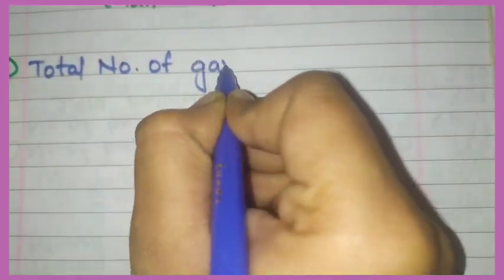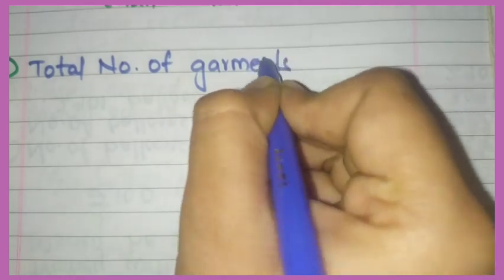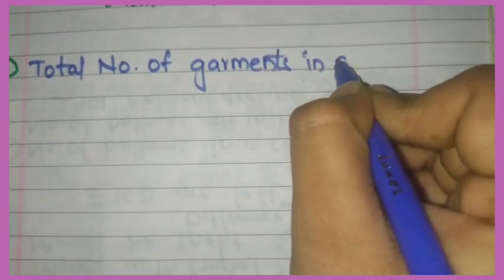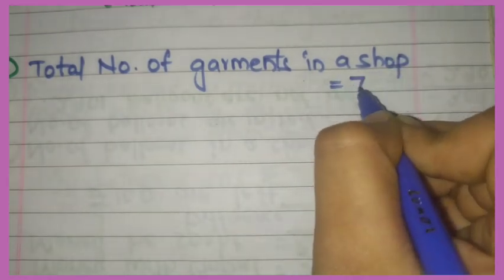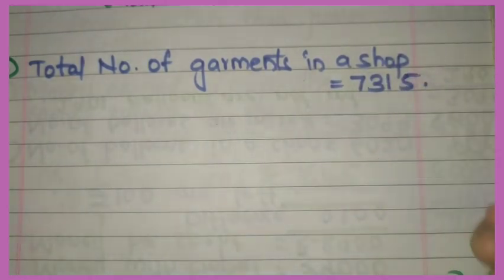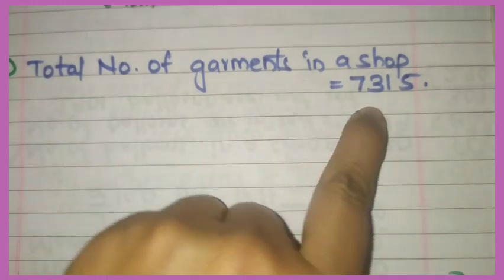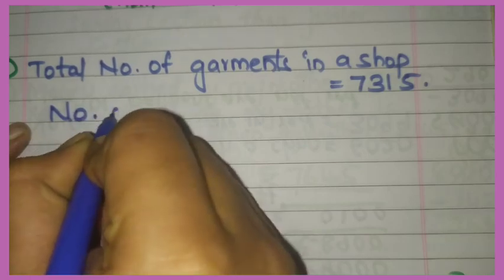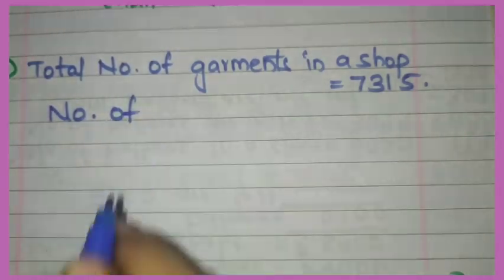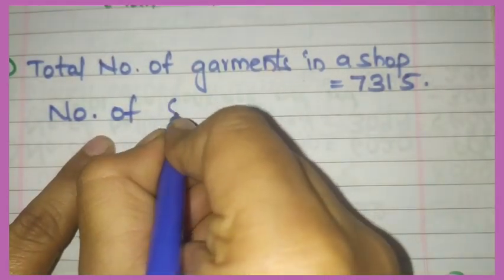First, B answer, total number of garments in a shop. How many are there? 7315. Okay, from these 7315, some skirts are there, shirts, skirts and trousers. First we'll write shirts.